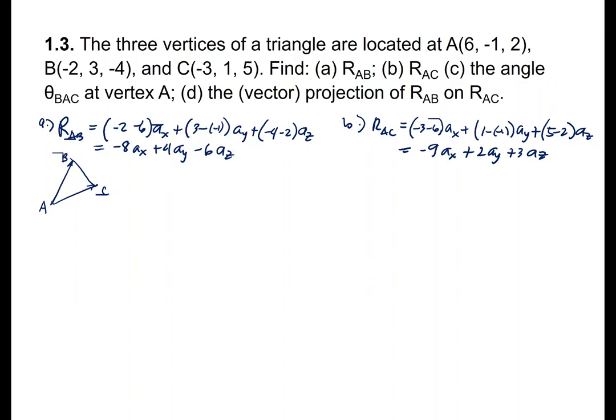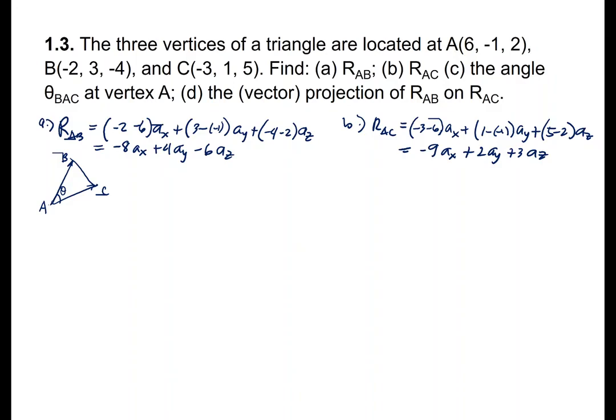When you say BAC, that's the angle here at vertex A. If it were ABC, the angle would be at vertex B. So this is the angle that we are concerned with.